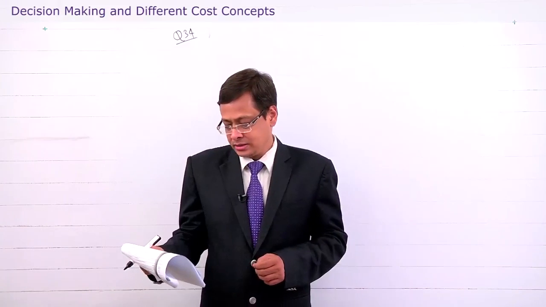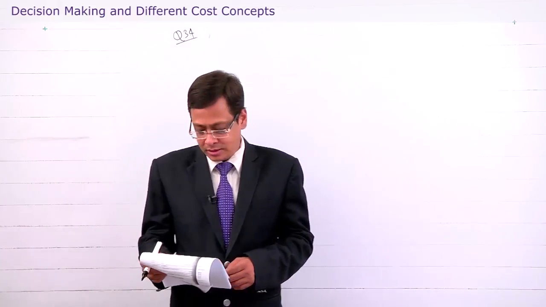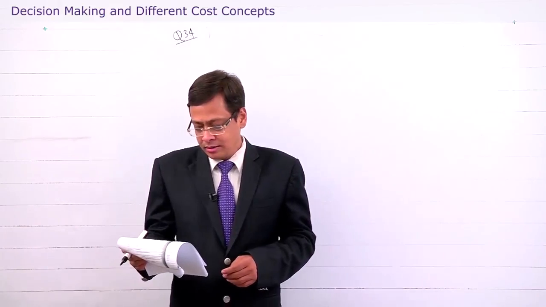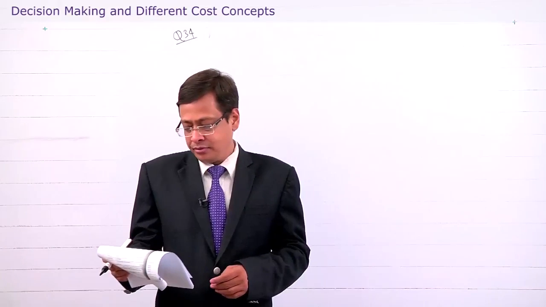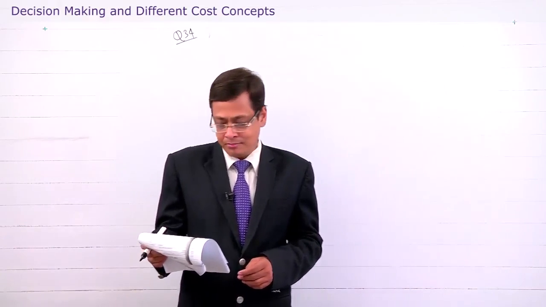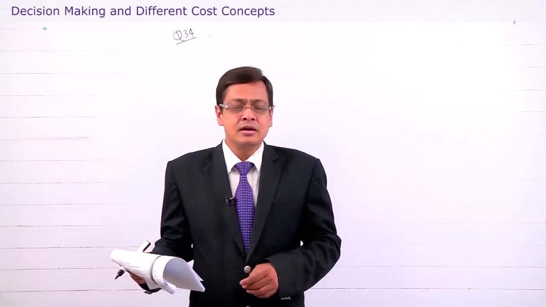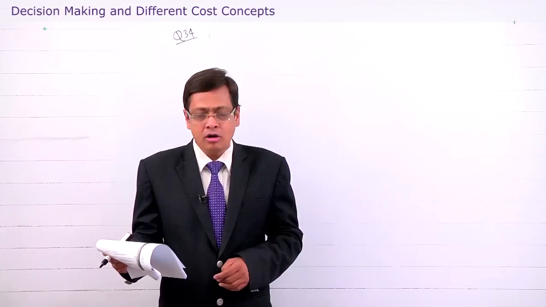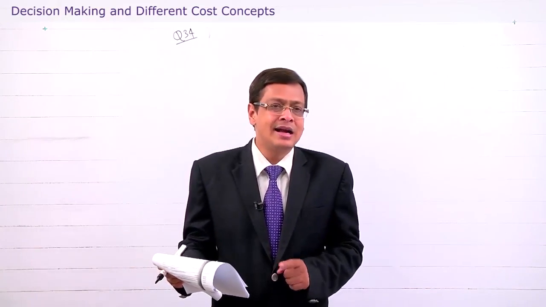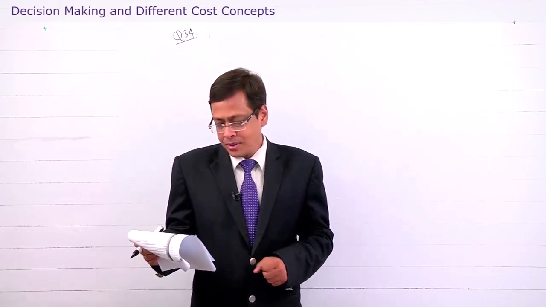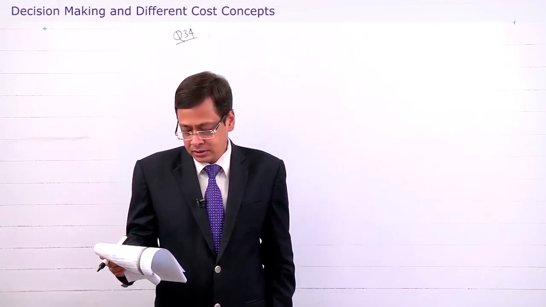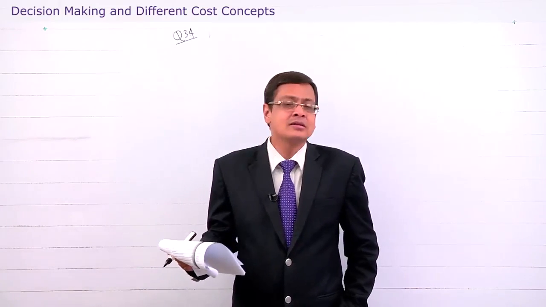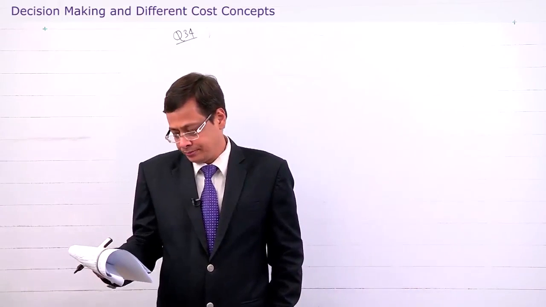The rent of cottage has been fixed at 2.5 times the general ward, and deluxe ward beds cost twice that of cottage ward. So if general is 1, cottage is 2.5, and deluxe is double of that, that is 5 times. The occupancy in the ward is given. General ward is 100% full, cottage ward is 80% and deluxe ward is 60% full.